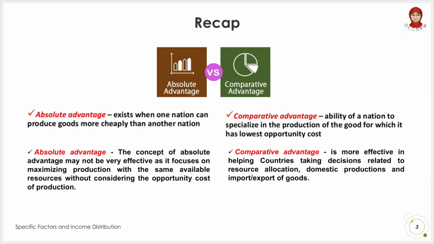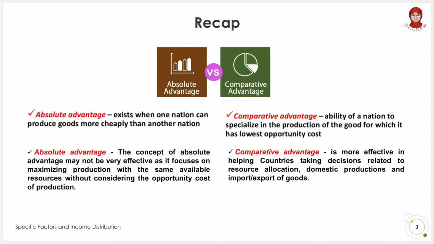In comparison between both models, the concept of absolute advantage is less effective than comparative advantage. This is because the absolute advantage model only focuses on absolute cost without considering the opportunity cost of production. However, the comparative advantage model helps countries decide what to produce using the available resources in an efficient manner.